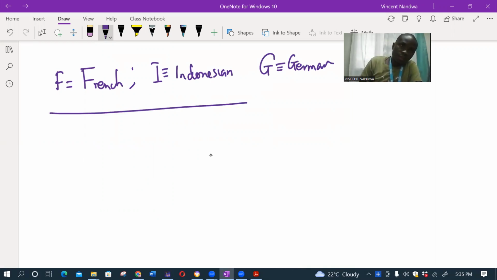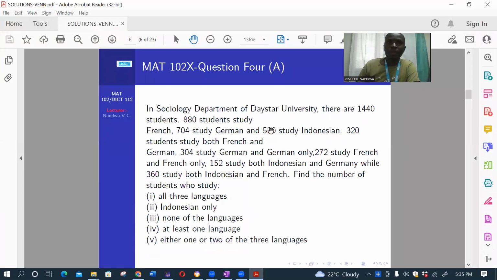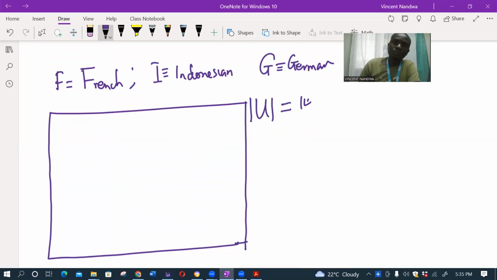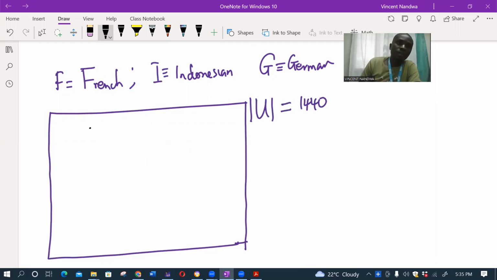If this is our universal set, then according to the question the total is 1440. Inside this universal set, we have three main sets.